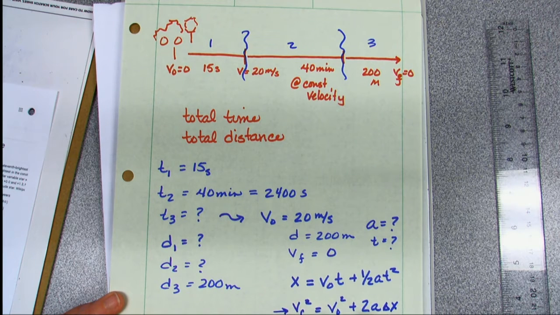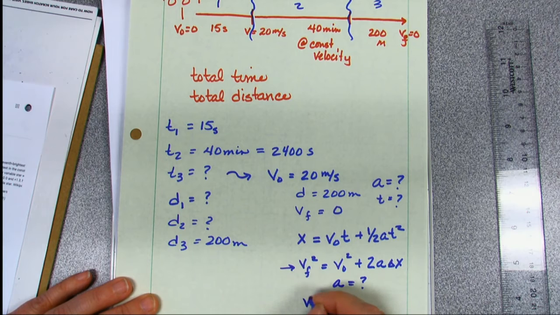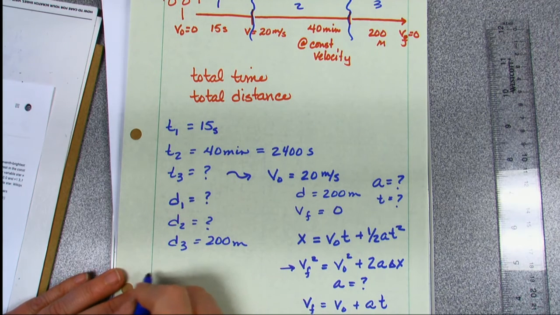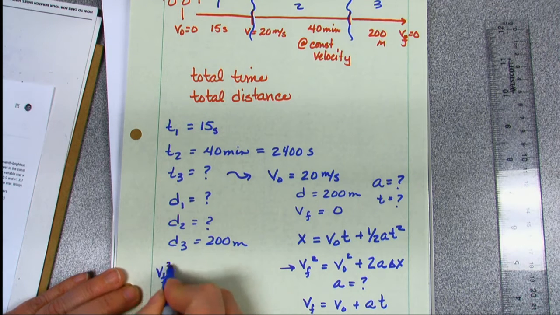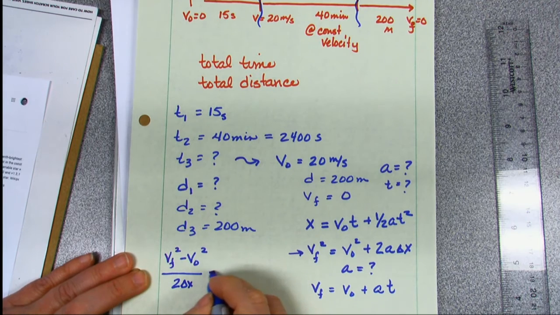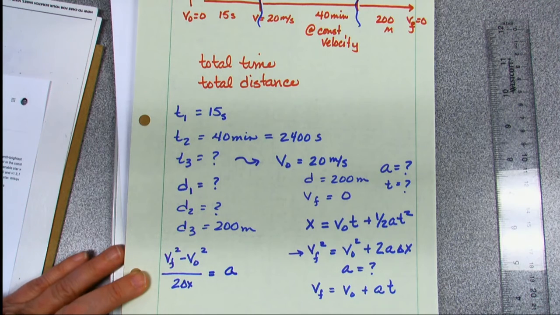That's going to help me solve for a. Then once I have a, I can solve for time, because v final equals v initial plus at. So v final squared minus v initial squared, divided by 2 times my change in position, is going to equal my acceleration.